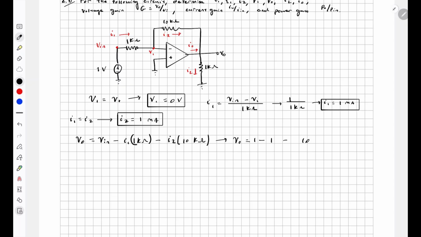So 1 minus 1 is 0, 0 minus 10 is negative 10. It's important to realize this is an inverting configuration, so we expect the output to be inverted, so it's a minus sign. So we have found V out.